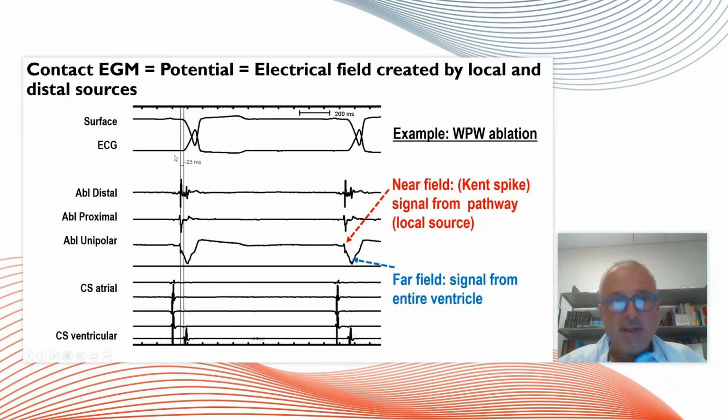of the contact electrogram. The contact electrogram is obtained by a unipole derivation to a reference electrode. You see here an example of a WPW case. And you see the ablation unipolar here where my mouse is pointing.